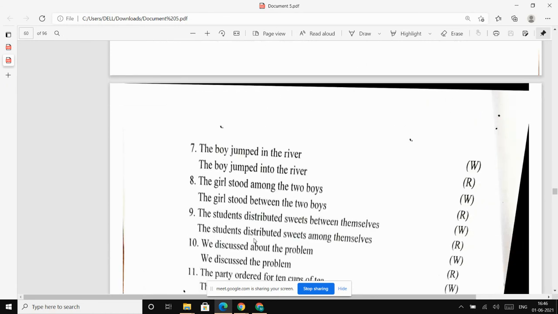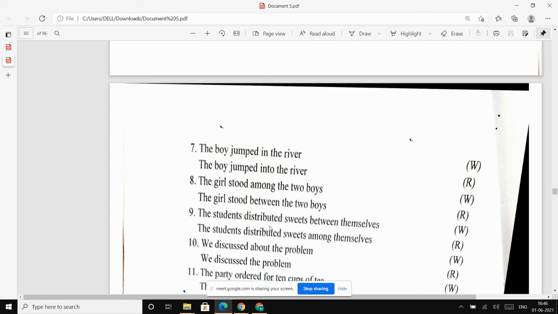Then the boy jumped in the river. No, the boy jumped into the river is the right sentence. The girl stood among the two boys. See here the comparison is between the two. That's why the girl stood between the two boys. If there are many boys, then among is the right answer.